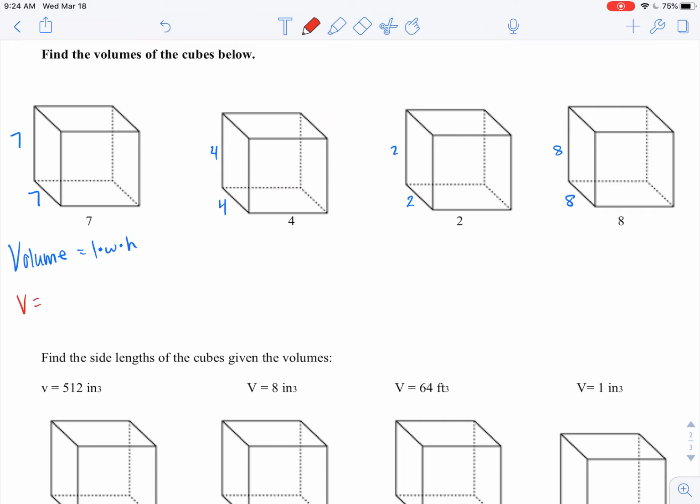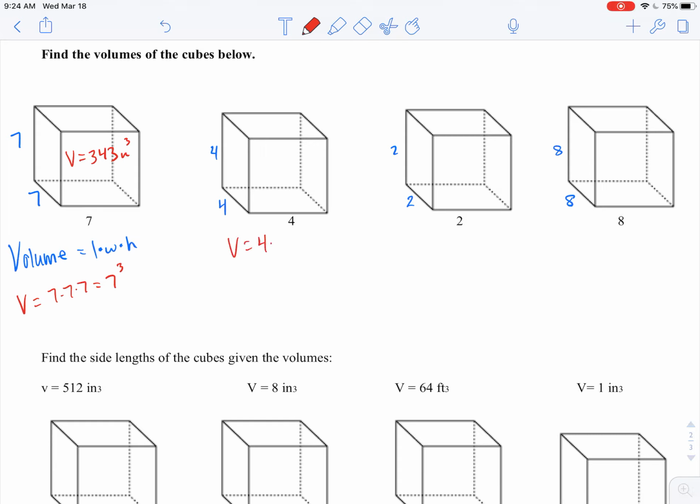So our volume must be 7 times 7 times 7, or 7 cubed. So we know here our volume is 343 cubic units, or units cubed.